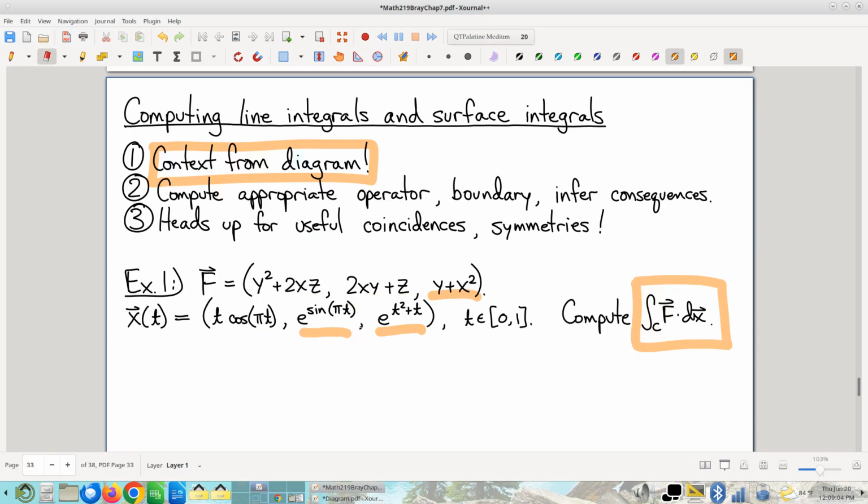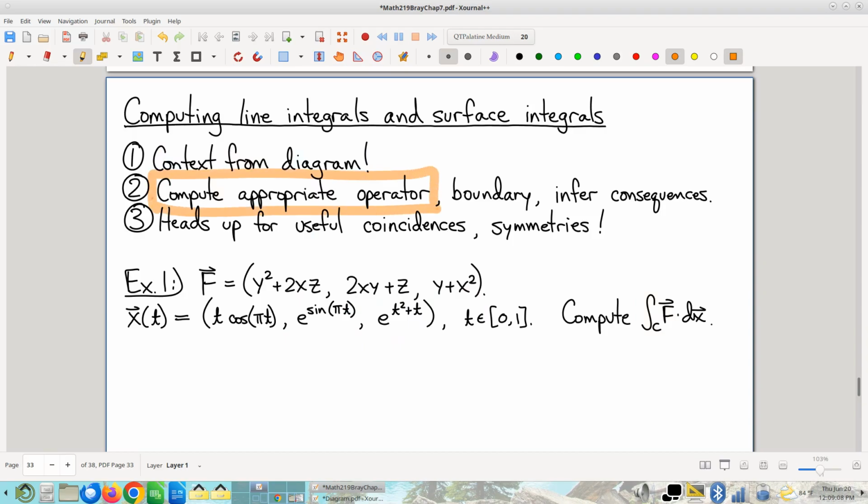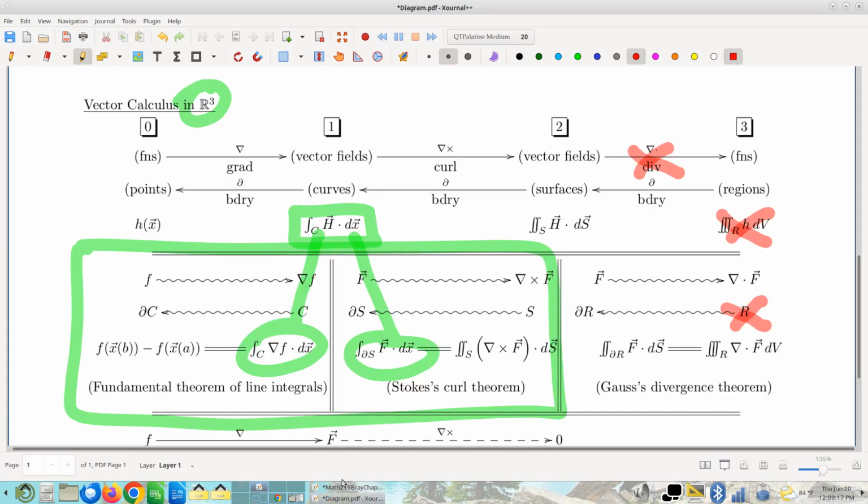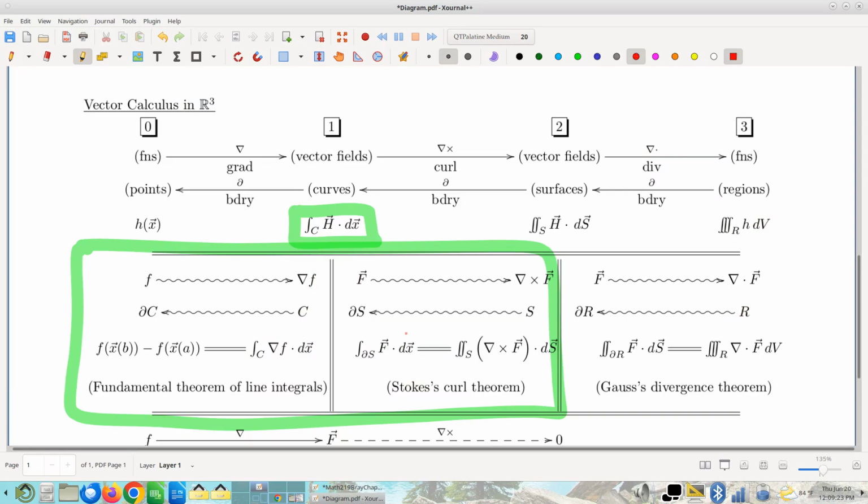Next thing we're going to do is compute the appropriate operator and think about the boundary and then think about what that tells us. So now, what do I mean by compute the appropriate operator? Okay, well, we're in 3 dimensions, and we're looking at this line integral. We know that these are our 2 candidate theorems.